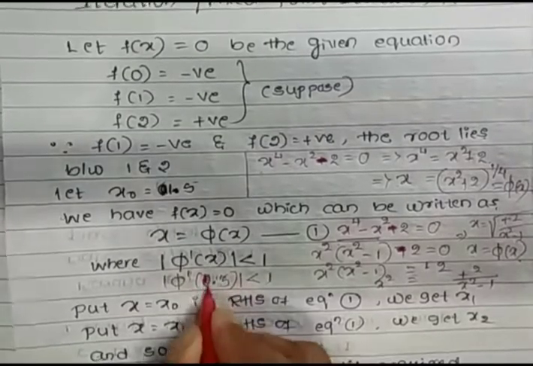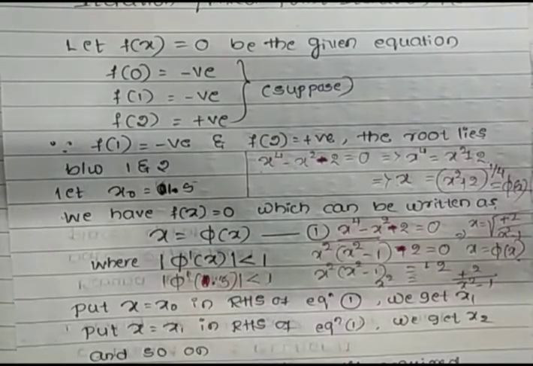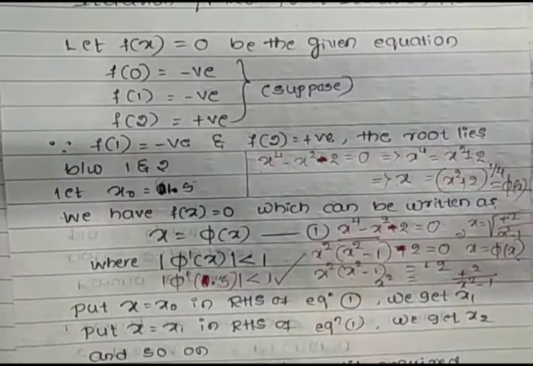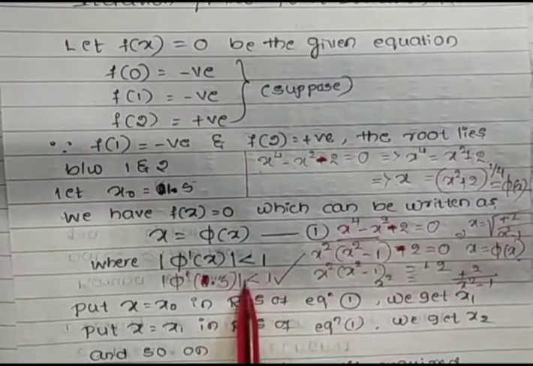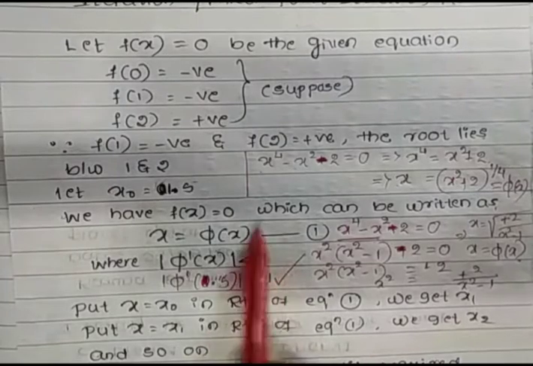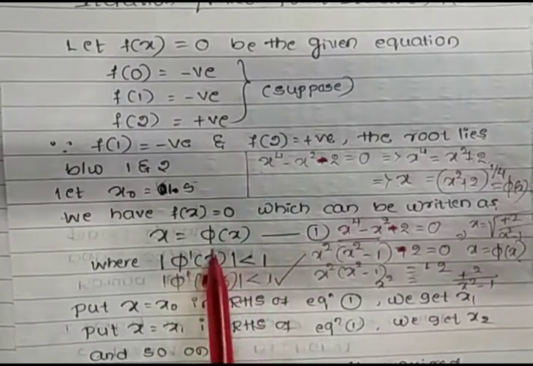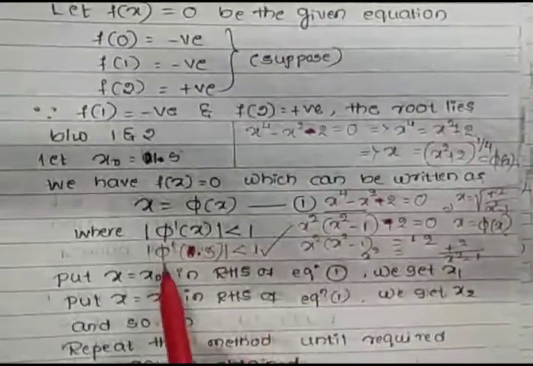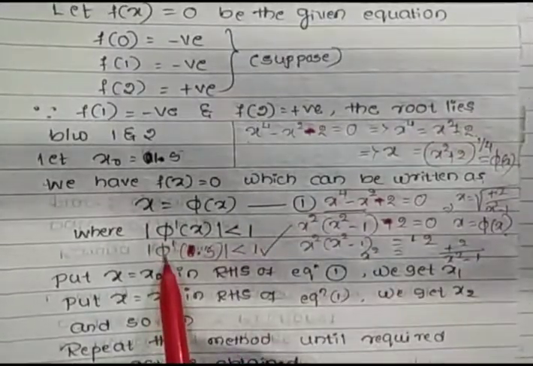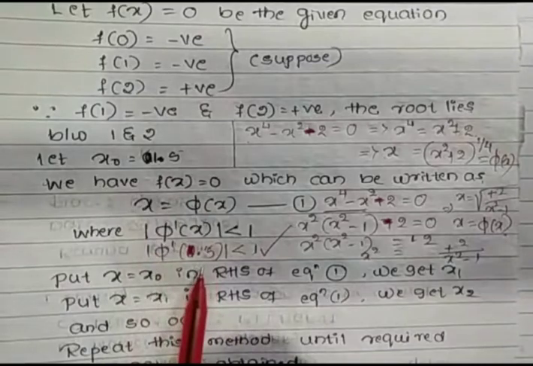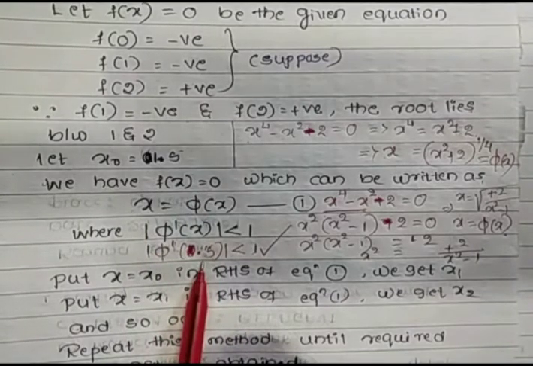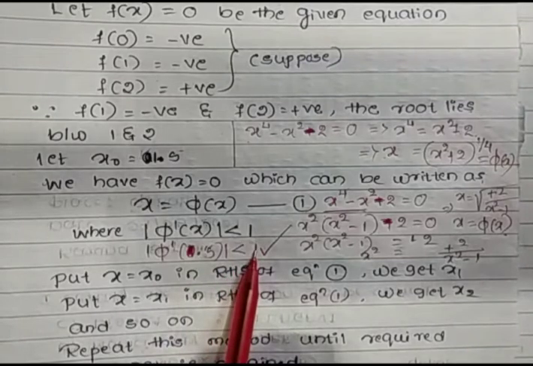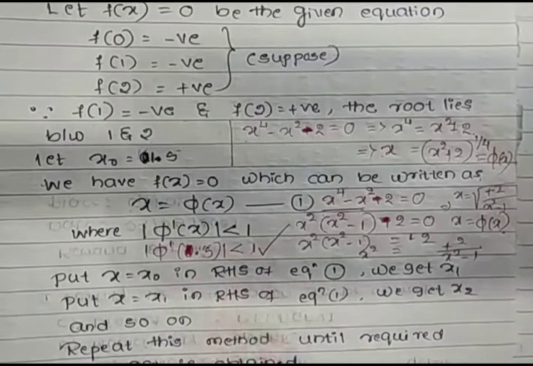If this gives us a value less than 1, then the equation converges. If it is less than 1, then only we can consider this pi of x, otherwise we need to ignore the equation. After taking differentiation and replacing the first approximation, that is the x naught value, if we are getting a value less than 1, then it converges.